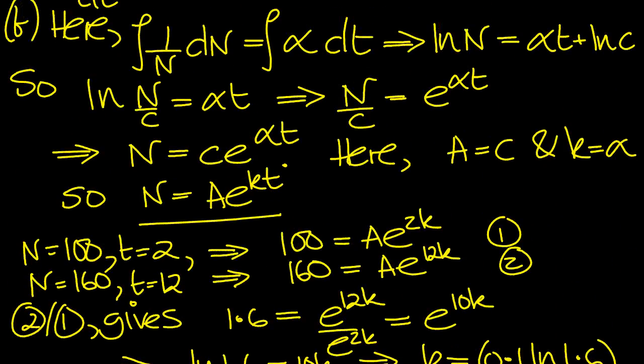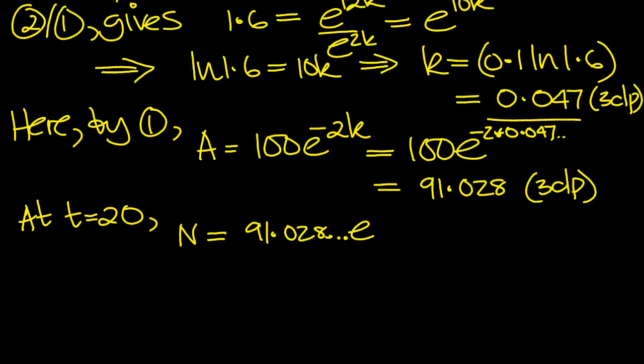Let's have a look up here. e to the kt, isn't it? So e to the k, which is 0.047 to 3 decimal places, times the time, which is 20. That should be good enough. We'll just use the 3 decimal places, and we won't bother emphasizing a bigger number than that.